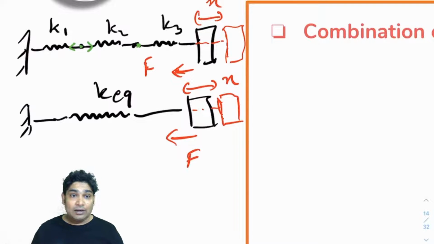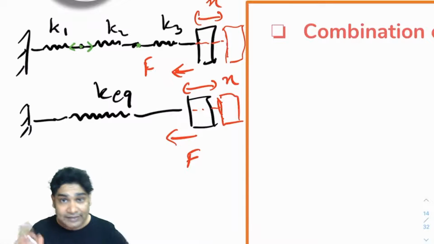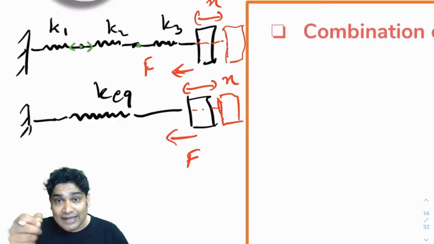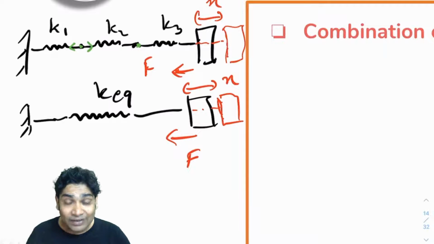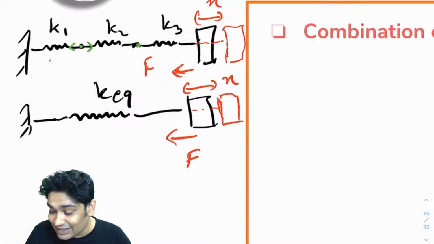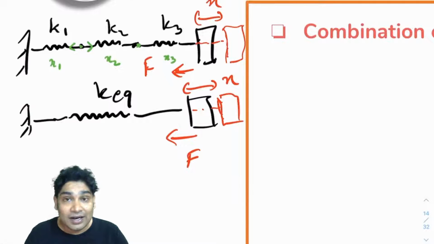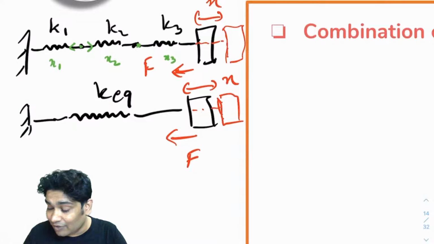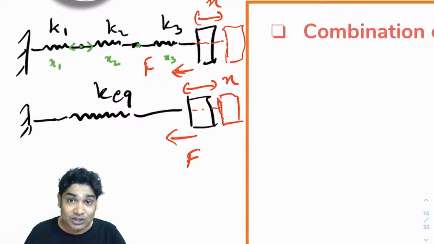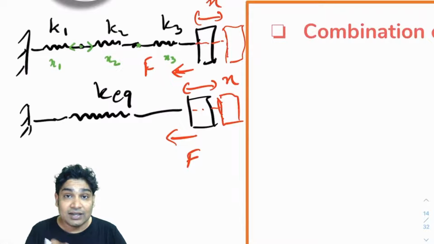Imagine that I connected these three springs and I stretch the end by x. Then individually all these three springs would undergo different elongations. Let's say this gets elongated by some x1, this gets elongated by x2, and this gets elongated by x3. The trick is that the joints of the springs should have a net zero force because they are massless.